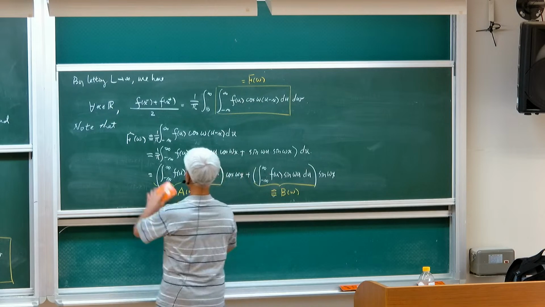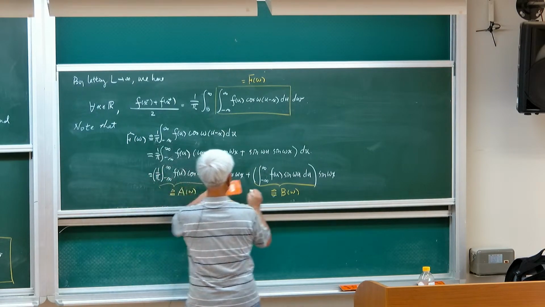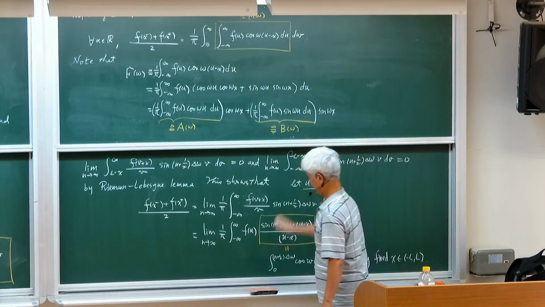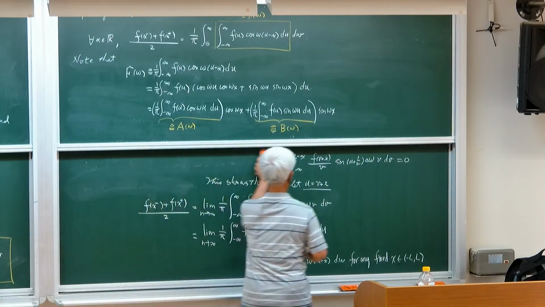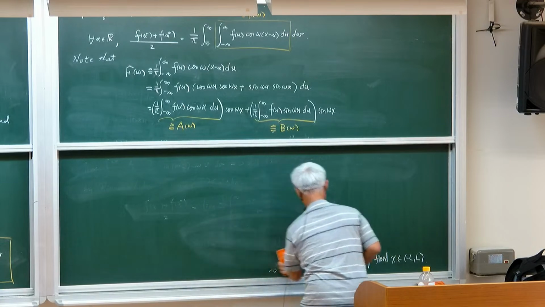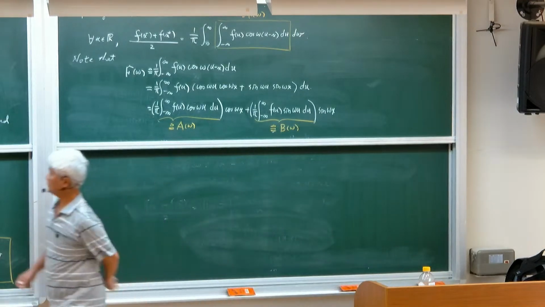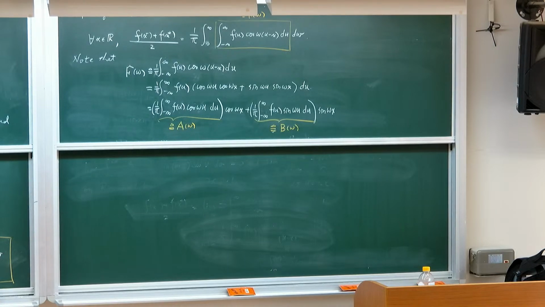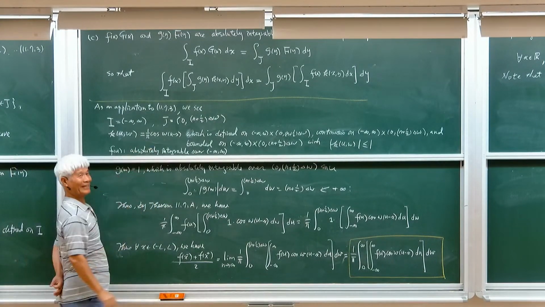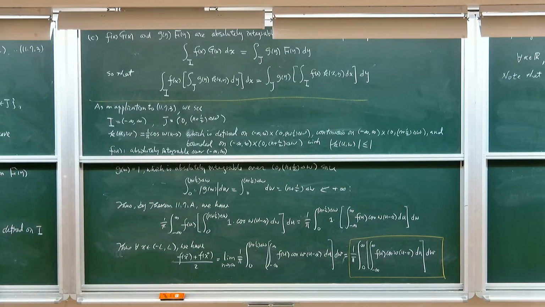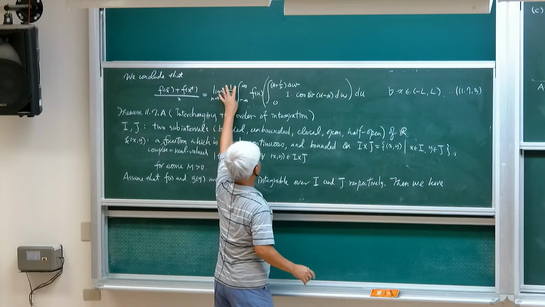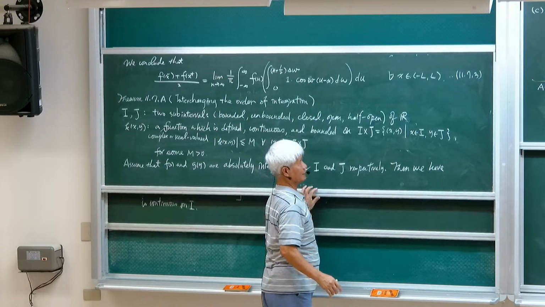So now I include 1 over pi here. I forgot to put 1 over pi here, because in our integration we have 1 over pi. So I move 1 over pi to the kernel.